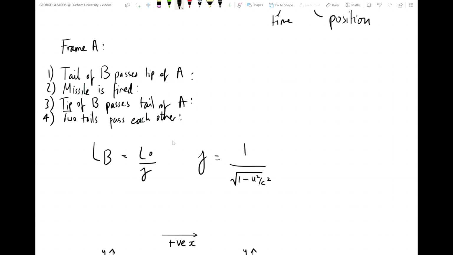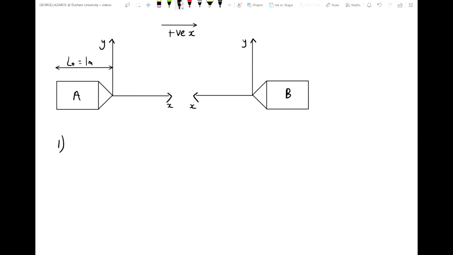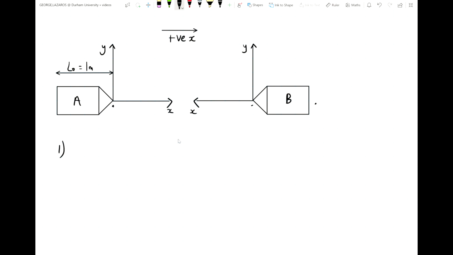So let's start by calculating number 1, which is the time and position that the tail of B here passes the tip of A here. As I previously said, the length of B for an observer in frame A is L0 over gamma. And so using time is equal to distance over speed, the time taken for the entire length of B to pass the tip of A, with B moving at speed u, is going to be equal to distance L0 over gamma, travelling with a speed u, which gives you L0 over gamma u.